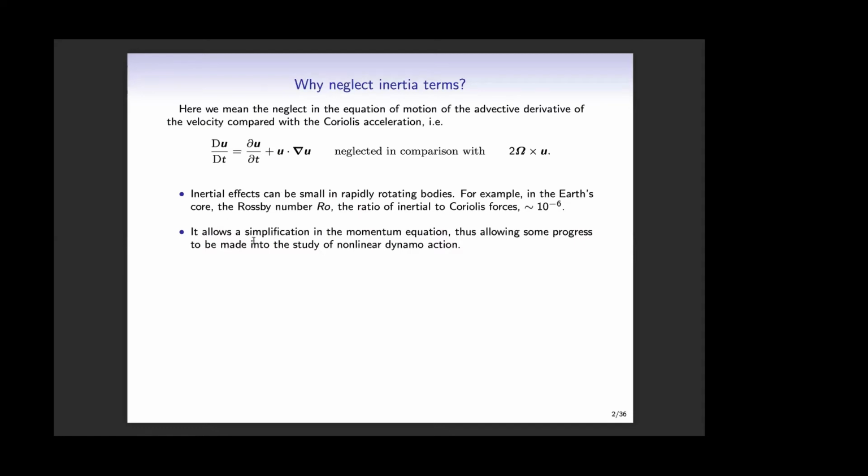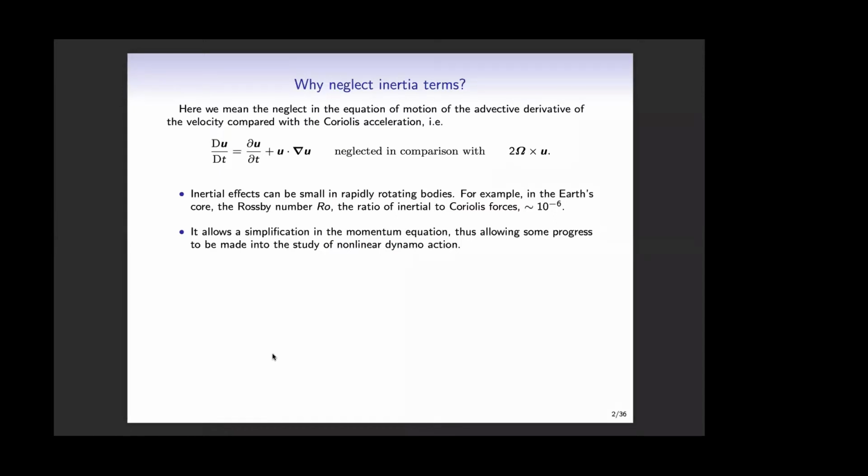The other is that, as I'm sure many of you know, it's very difficult to make progress in the study of nonlinear dynamos. And as I'll try and explain later, by throwing away this pesky nonlinear term, that allows us actually to make some progress, I think, in what we might say about nonlinear dynamos.